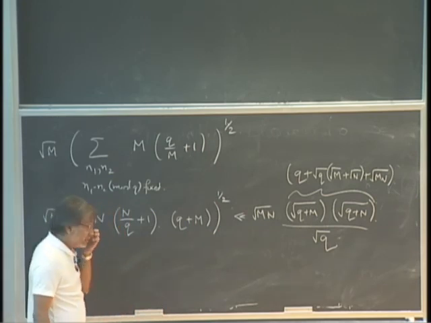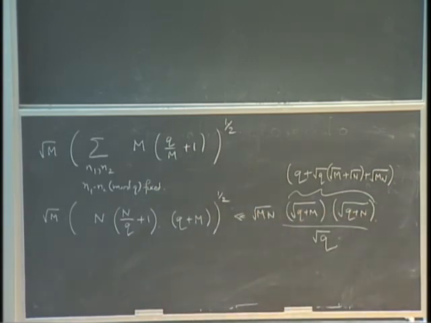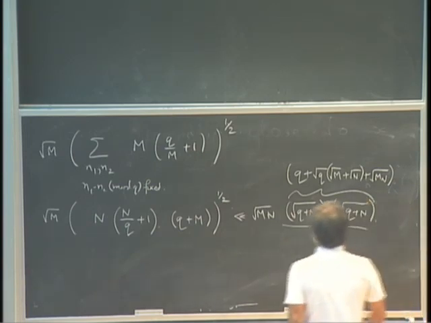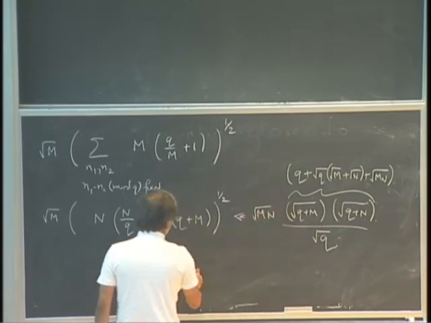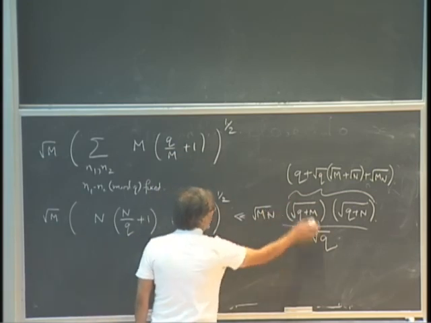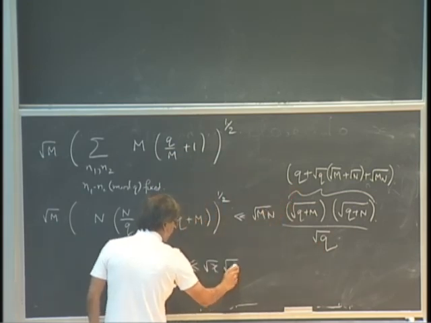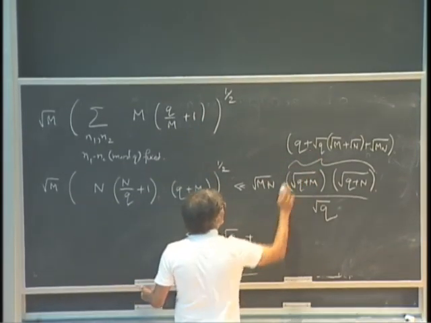Okay, and then mn, the product of these, like in our usual way, is roughly of size at most x. So if I replace this by x, then the first term will be root x times square root of q. And then in the second terms, the root q will cancel out.